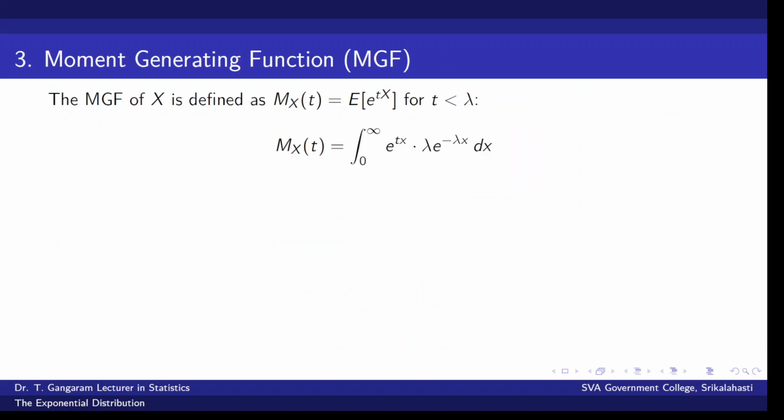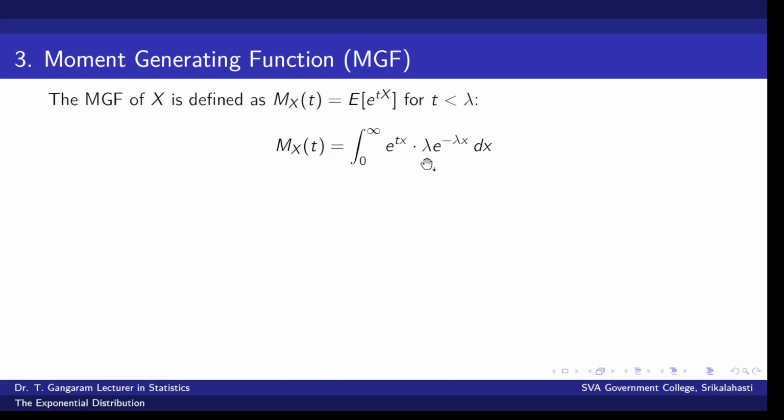Let us derive the moment generating function of the exponential distribution. By the definition of the moment generating function, M x of t is given by the expectation of e power tx, for t less than lambda. The range of the exponential distribution is 0 to infinity, so M x of t is the integral of e power tx into f of x dx.